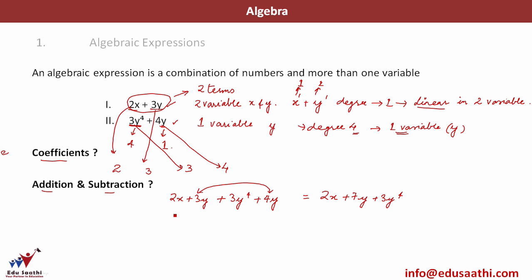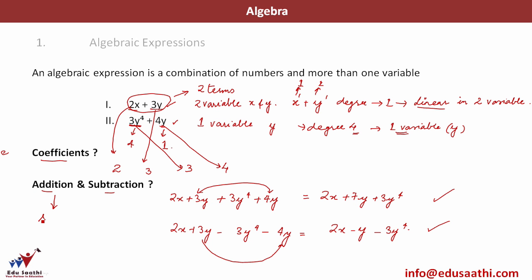I can add or subtract. So if I now subtract the two expressions, only the terms which have the same power. So I will have 2x minus y, I will subtract 3y and 4y, and I'll get minus y minus 3y raised to power 4. So this is what you get when you add the terms, and this is what you get when you subtract the terms.